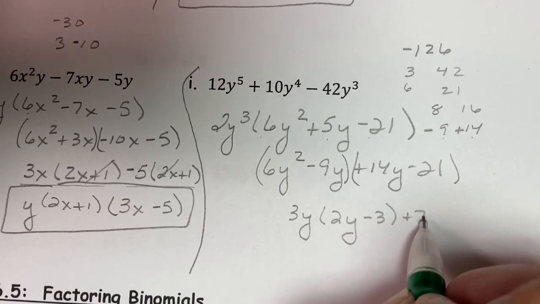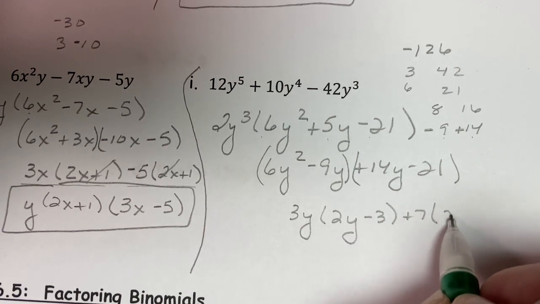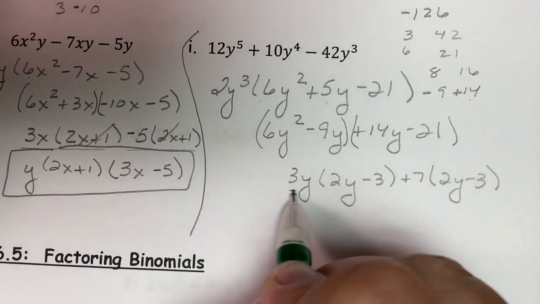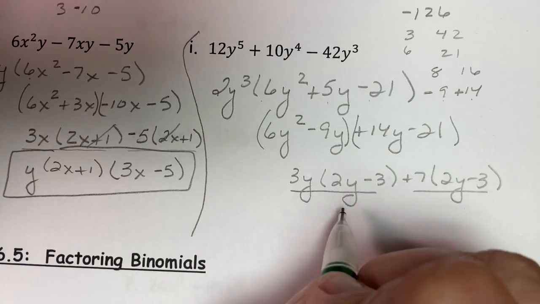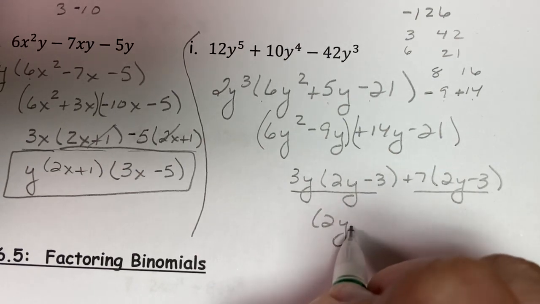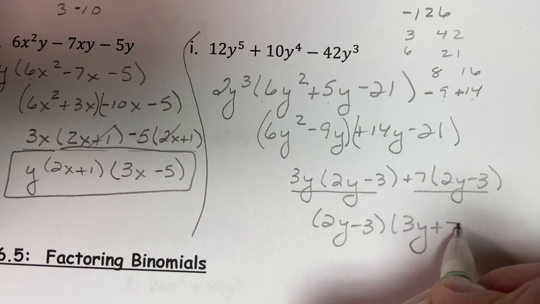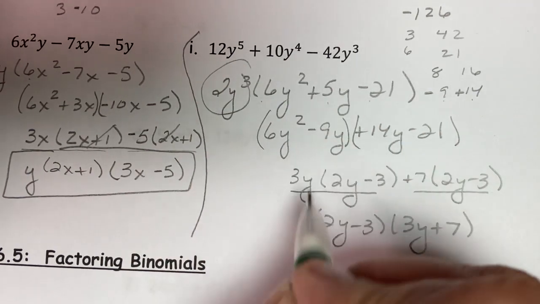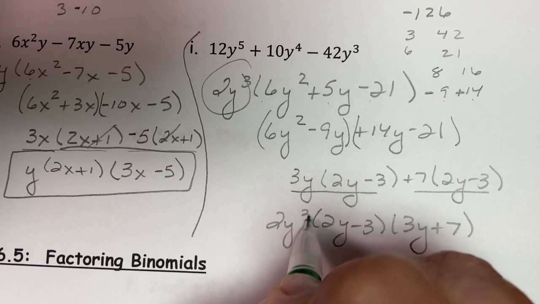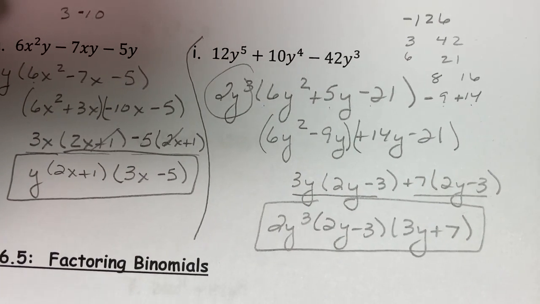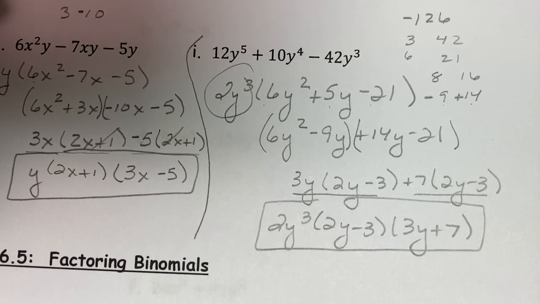It looks like a plus 7. Which leaves me with 2y minus 3. Thinking of this as two big terms, we'll have 2y minus 3 times 3y plus 7. And don't forget about the 2y cubed GCF we took out at the beginning. And there is factoring trinomials by grouping.